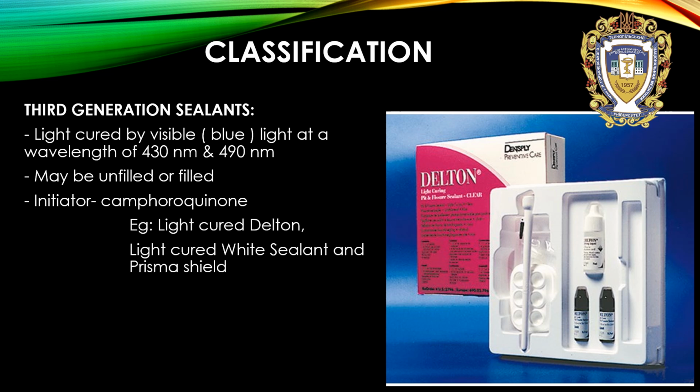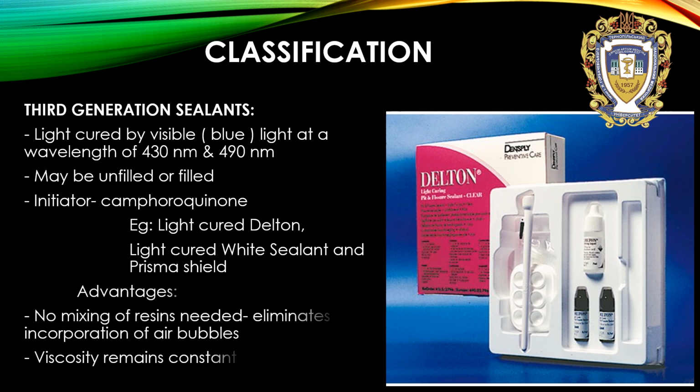For example, light cured Dalton, light cured white sealant, and Prisma Shield. Advantages of third generation sealants: no mixing of resin needed, eliminates incorporation of air bubbles, and viscosity remains constant.